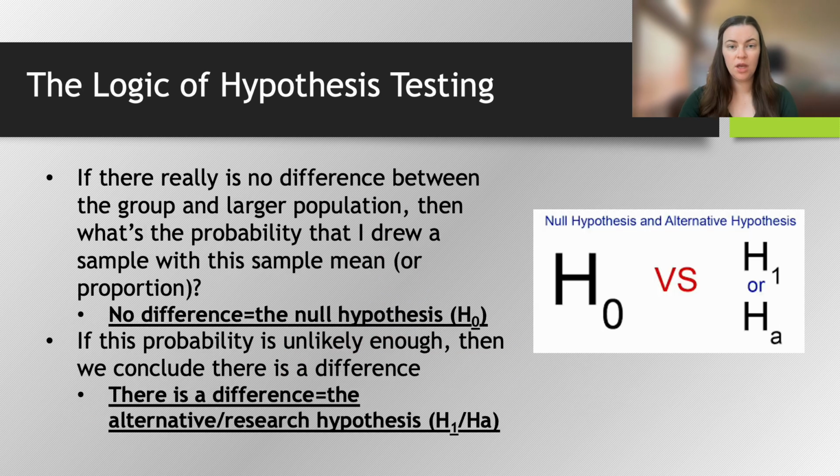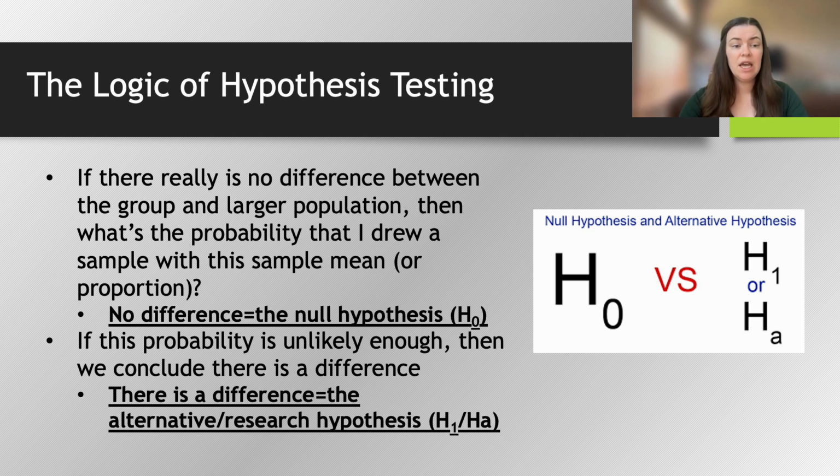Another way that we can approach the logic behind hypothesis testing is in terms of probability. Remember that under a normal curve, our entire area has to consist of either a proportion value of 1 or a percentage of 100%. So we're going to be revisiting this idea of the normal curve.